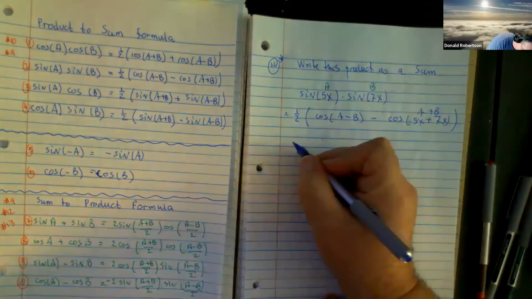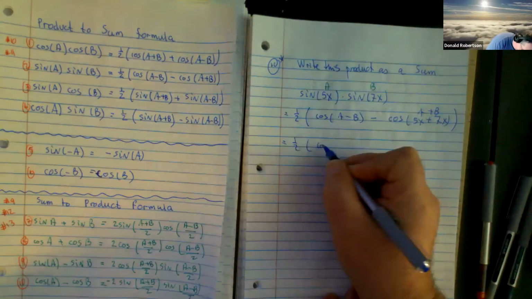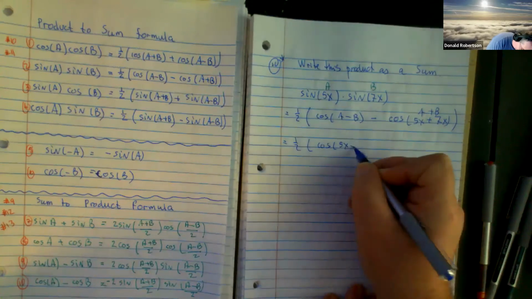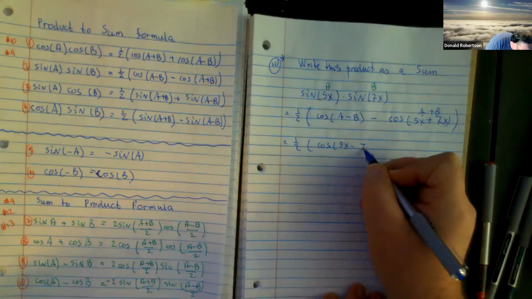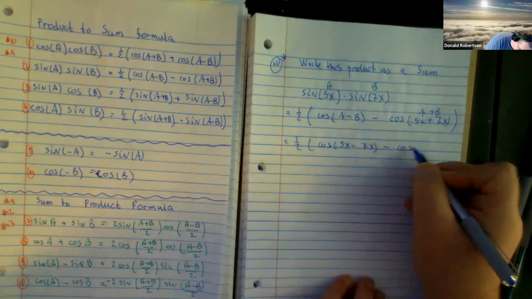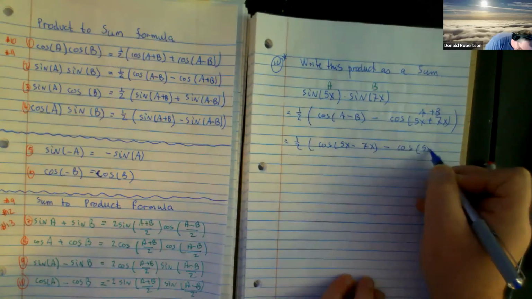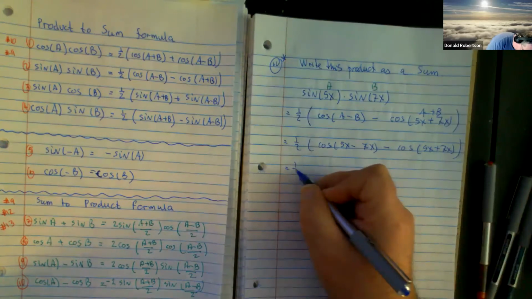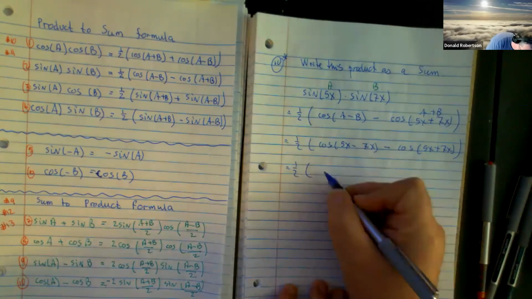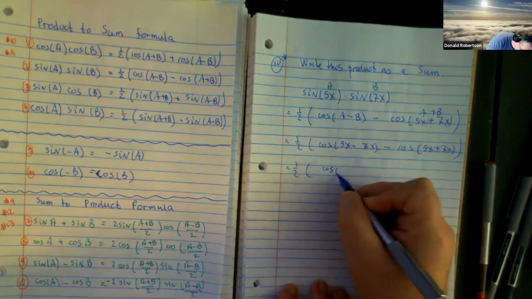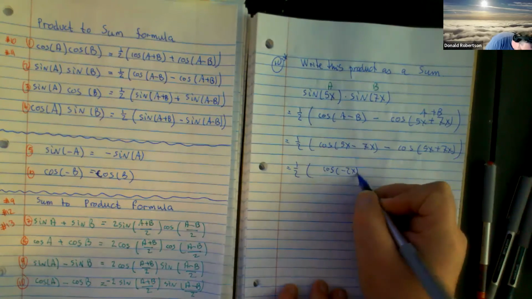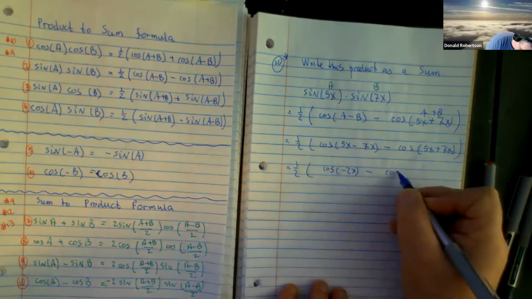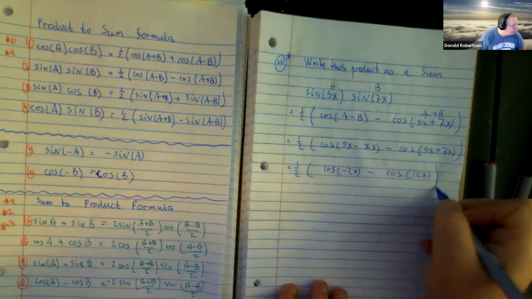So it should be the cosine of 5x take away 7x, subtract the cosine of 5x add 7x. That's what my next line should have looked like. So that's going to be 1/2 the cosine of negative 2x, subtract the cosine of 12x, and everything's looking good, right?